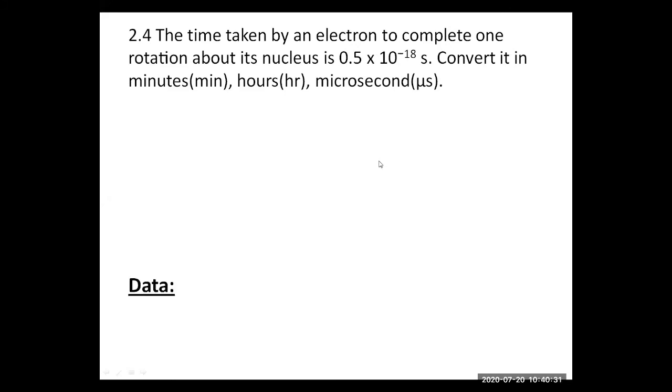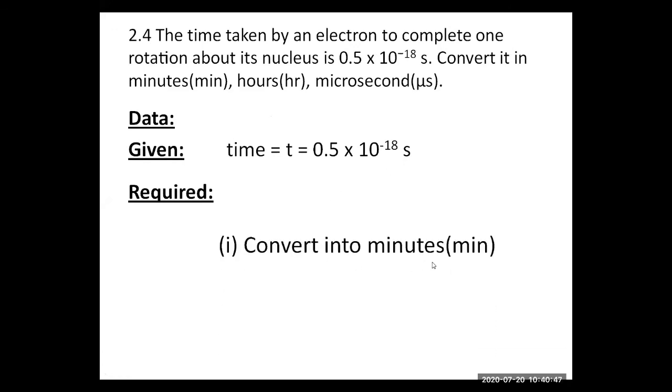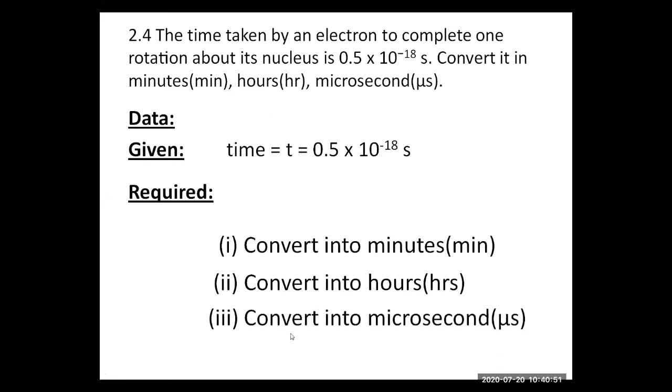Now, first the given is that time is equal to 0.5 multiplied by 10 raised to the power minus 18 second. Required is to convert into minutes, hours, and microseconds.